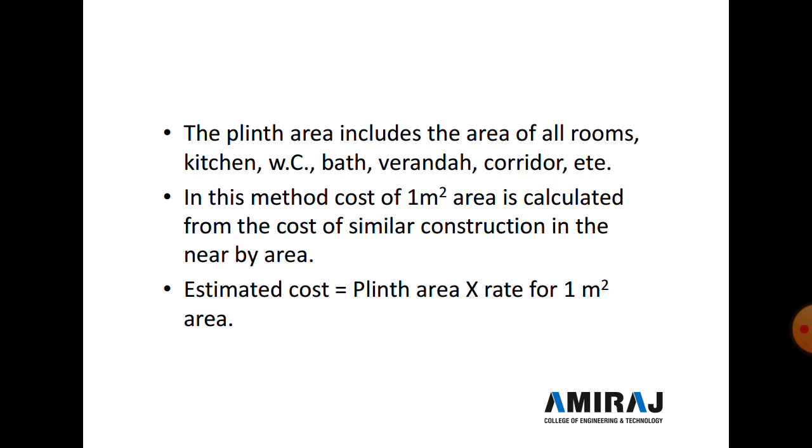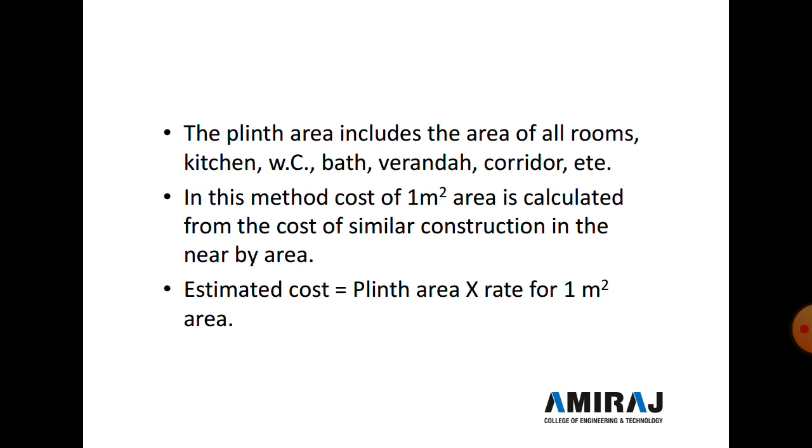In this method, the cost of 1 square meter area is calculated from the cost of similar construction in the nearby area, and the estimated cost by the plinth area method is equal to the plinth area multiplied by the rate per square meter. Take an example like a 2 BHK or 3 BHK bungalow.